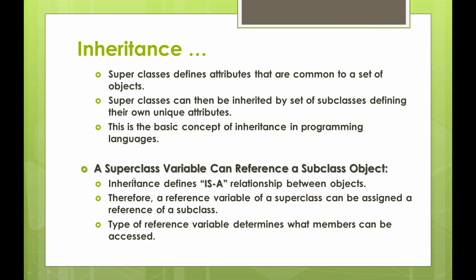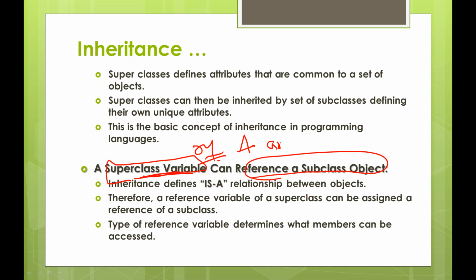So this is what I was explaining just now. A superclass reference variable can reference a subclass object, that is, an animal reference variable can refer to new dog or new cat.